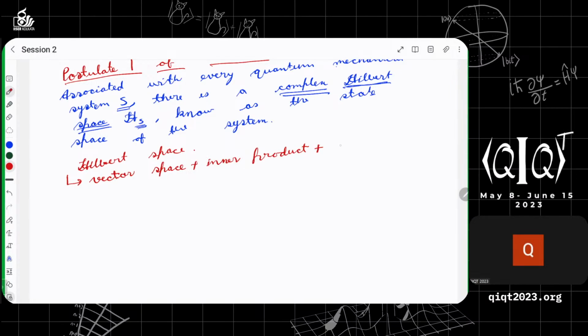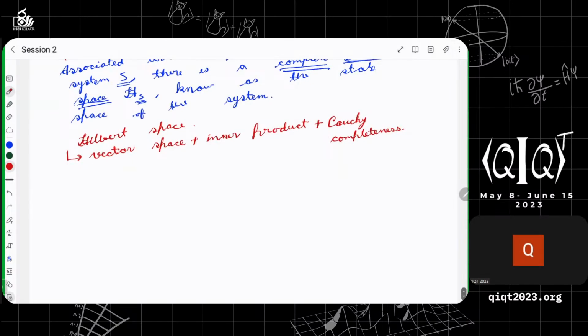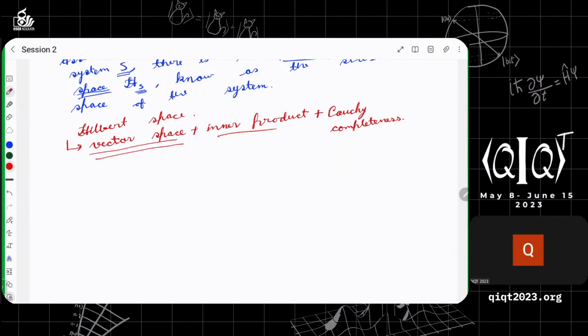And it satisfies another condition which is known as Cauchy completeness. Vector space we have already learned, inner product we have learned. Now, what is this Cauchy completeness?